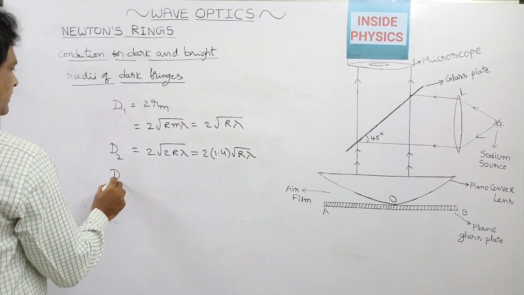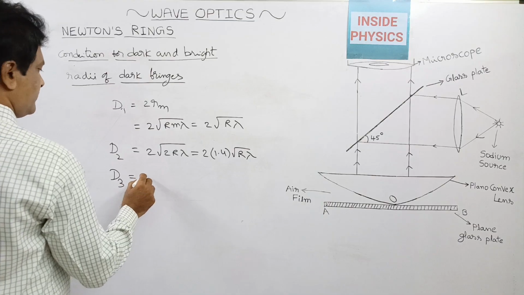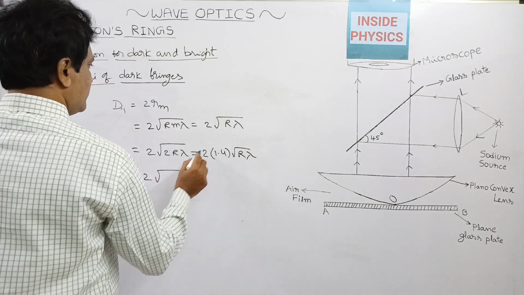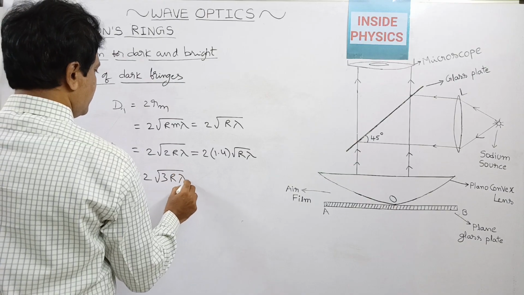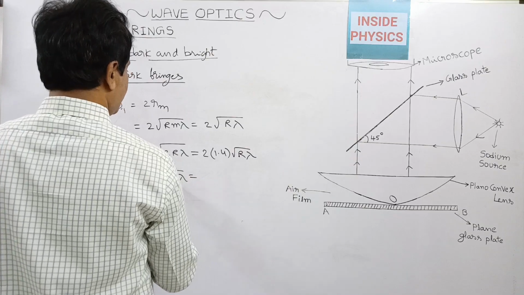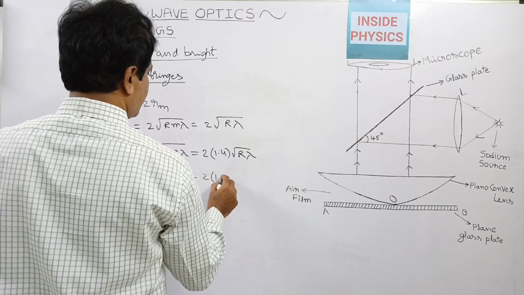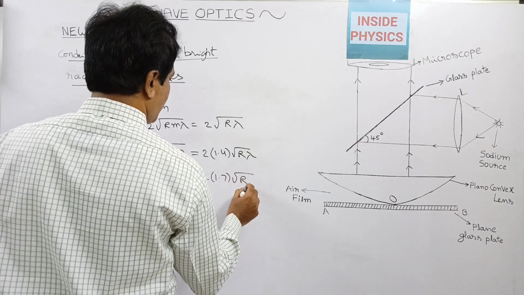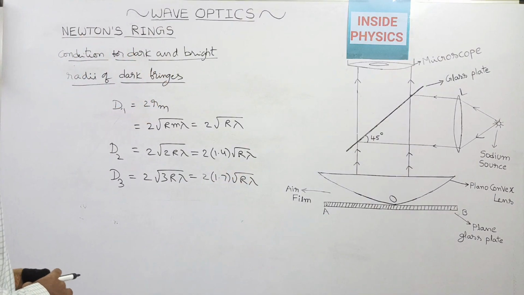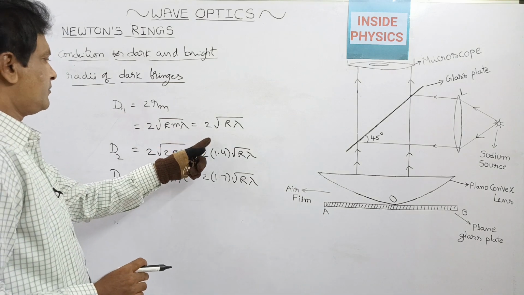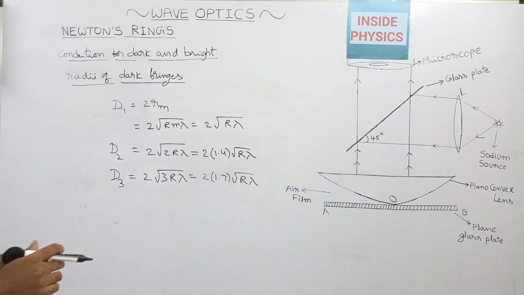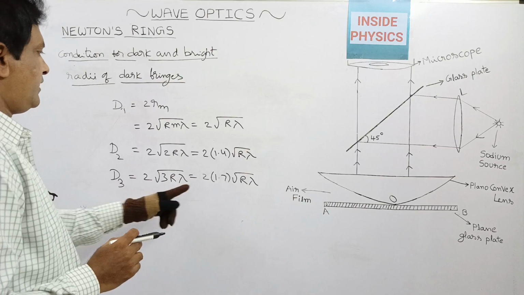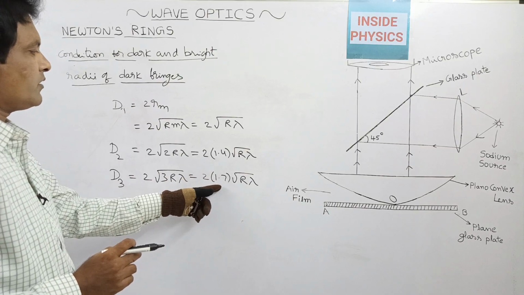If you calculate the diameter of the third dark fringe from this formula, here m will become 3. What is root 3 value? Nearly 1.7, into root R lambda. So if you observe the diameter from first, second, third, it is changing, and you can observe how it is changing.